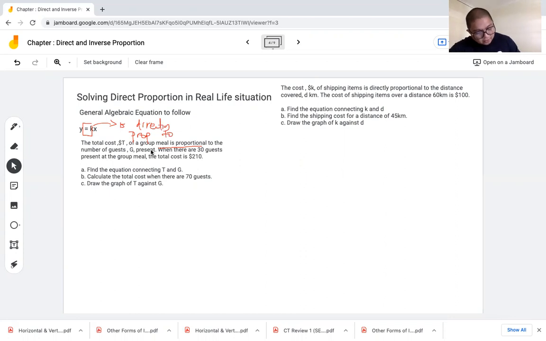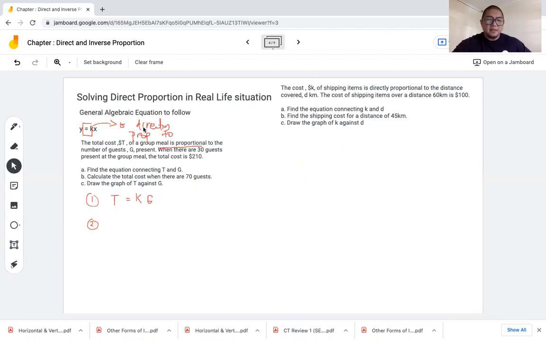So if you are going to write it down, this will give us an equation such that T, which is the total cost, is directly proportional to the number of guests G. So this is what you are going to have if you answer this particular word problem that has a different variable.